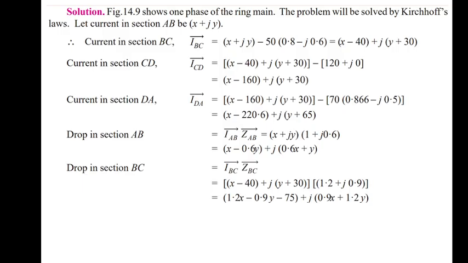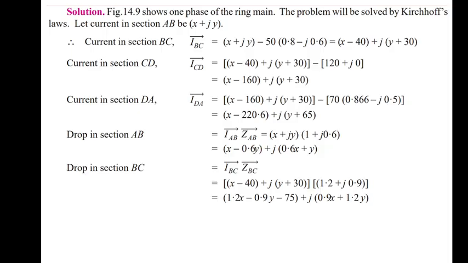Okay, in this slide, I begin the analysis of a ring main distributor using KCL, Kirchhoff's current law. The solution starts by assuming the current in one section, especially section AB, as a complex quantity expressed in terms of unknown variables.